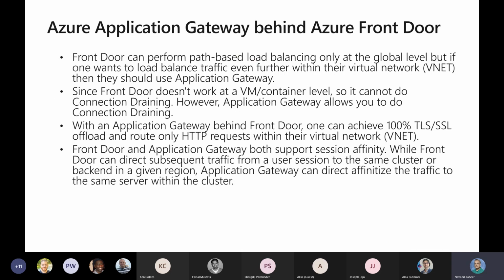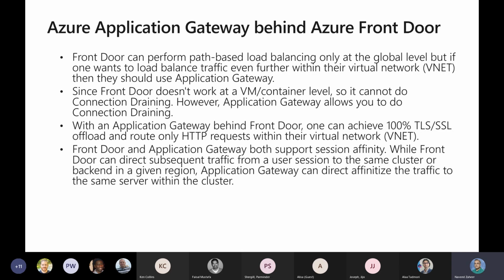Okay, so finally, a key point: why I have some customers who are using both of these services, application gateway as well as front door. Why would you want to do that?